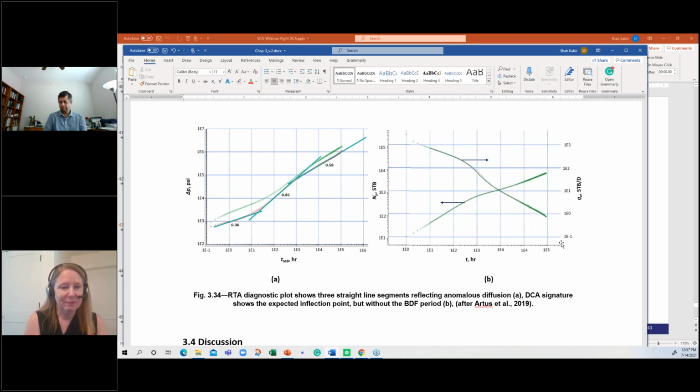Great. Next question: can you comment on the effect of free gas flow on the reliability of single phase gas decline curve analysis methods? Free gas flow, single phase. Which are the most reliable if you have free gas flow, single phase?